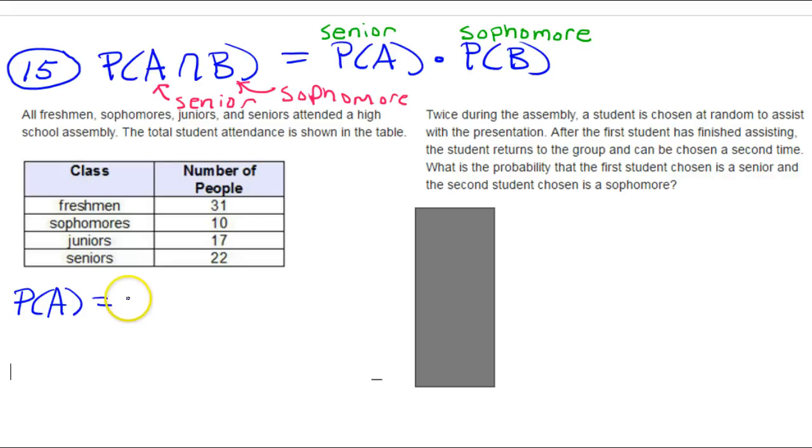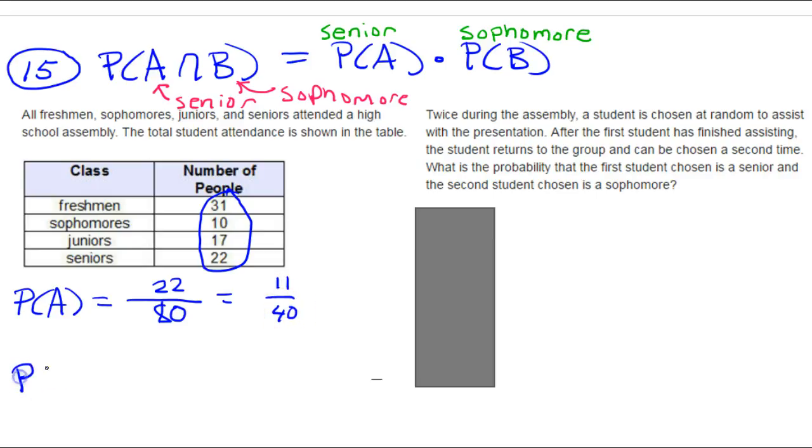Target over total. The number of seniors is 22. The total number of students is whatever we get if we add all these up. I got 80. Should I reduce this? Yeah. 22 over 80 is 11/40.